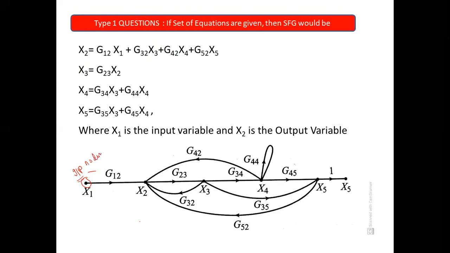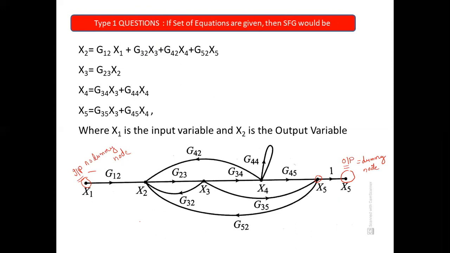But at the output, there is already x5, and there is another x5, and this particular node is the dummy node, which does not have any impact, but it will certainly help you understand the basic concept of SFG.